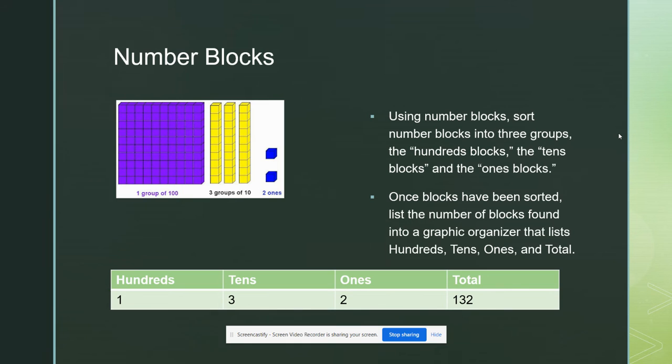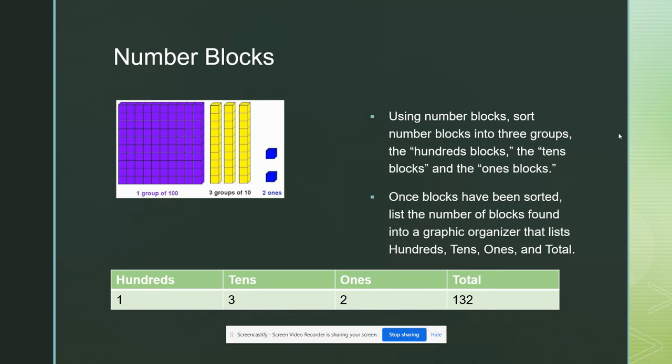In this strategy, you take that group of 100 and put it down in the hundreds column, to help the students understand that that is not just a 1, it is representative of a 100 block. Just like in the tens column, we have three groups of 10. That is not simply 3, but it represents 30 total blocks, as you can see in the yellow blocks there. And finally, in the ones category, we have a 2.